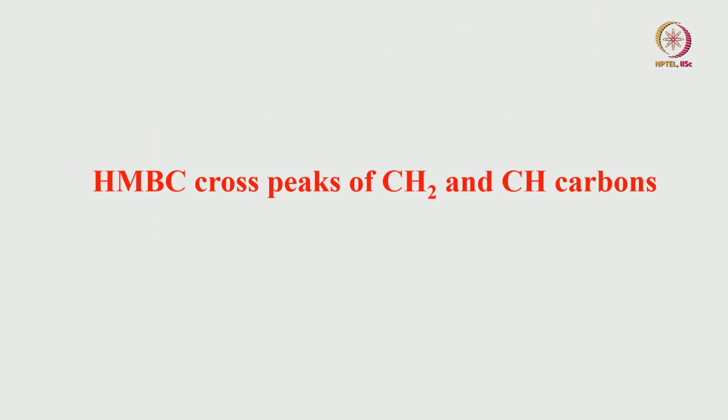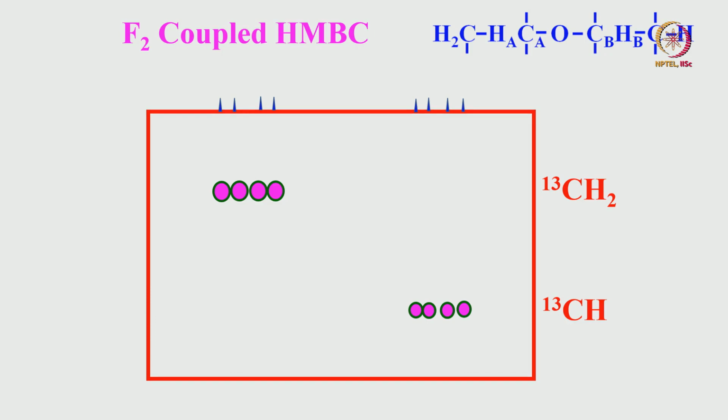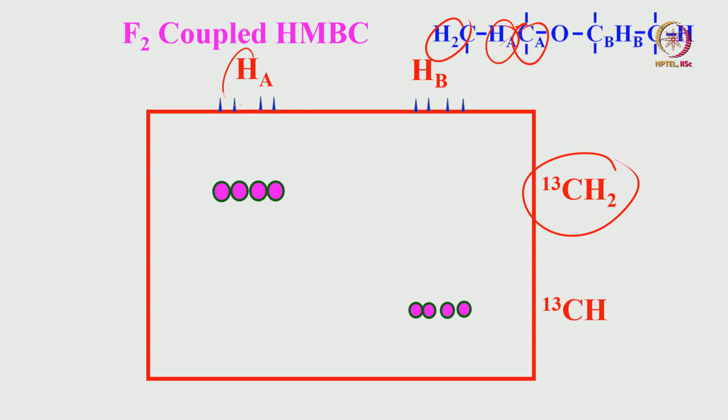Then what about the terminal peaks like we saw in HSQC? We can try to interpret that. If you go to the CH2 carbon, CH2 is correlating to HA. This is HA. This is the carbon of this one. It correlates to the HA proton, and each of them is a one bond.